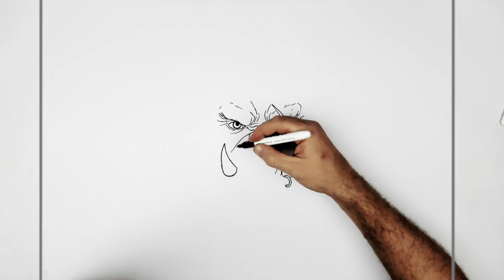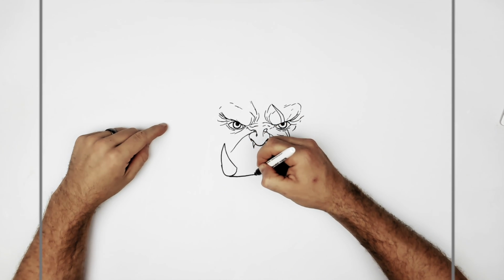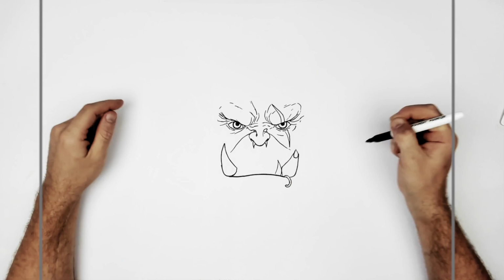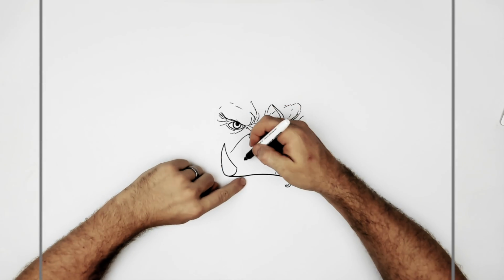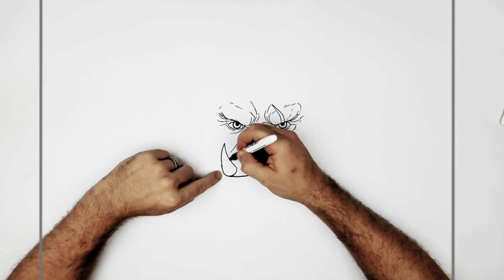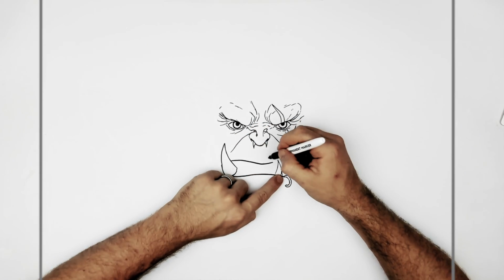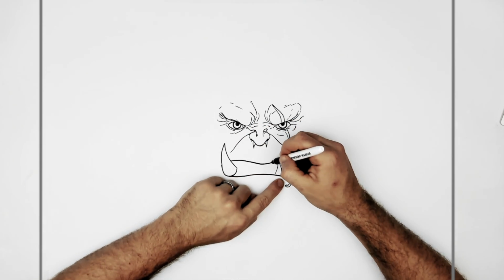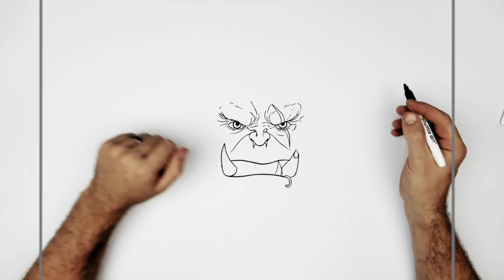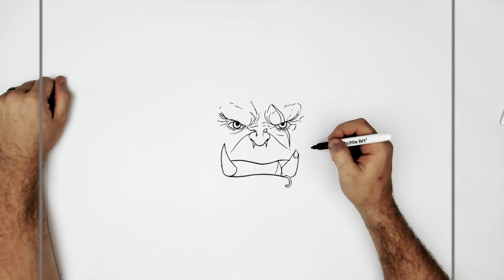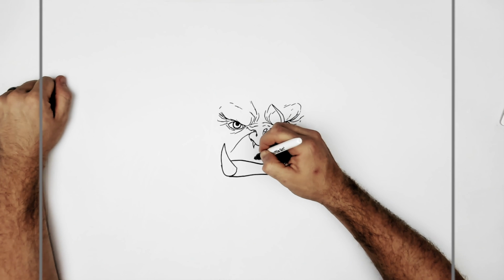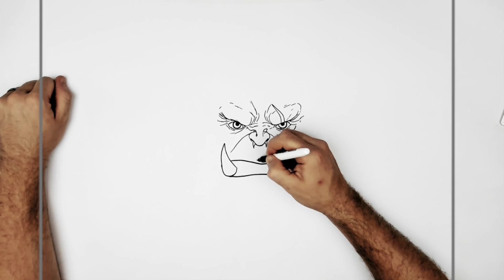And then the bottom lip sort of joins these together. And his top lip up here, very wide mouth, sort of exaggerated wide mouth. And then the top lip sort of in here.